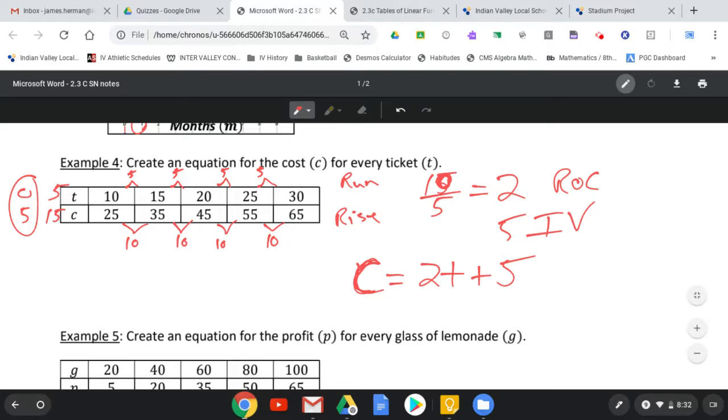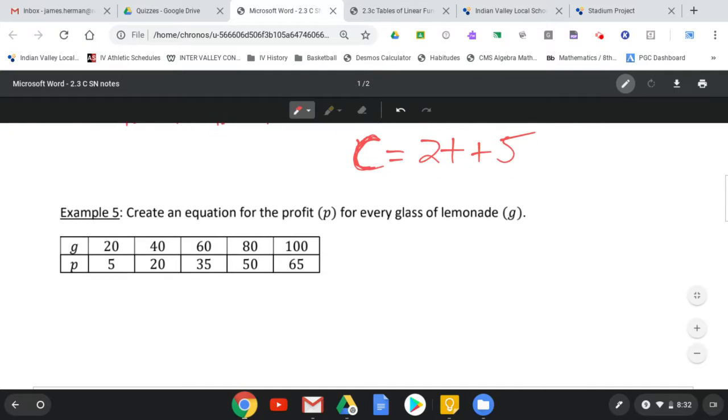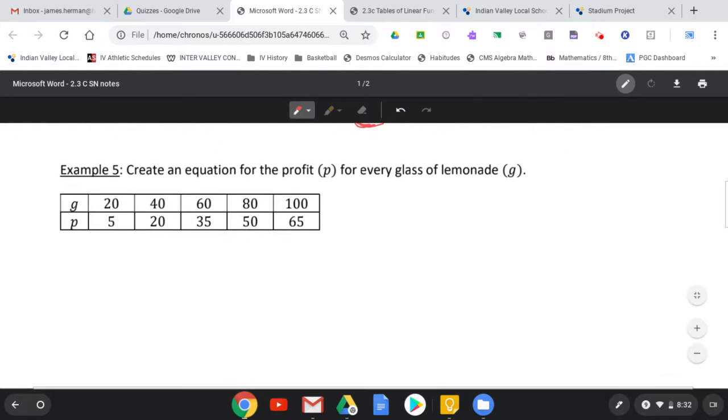How we doing? Let's create an equation again. Go as fast as you can. Good luck.